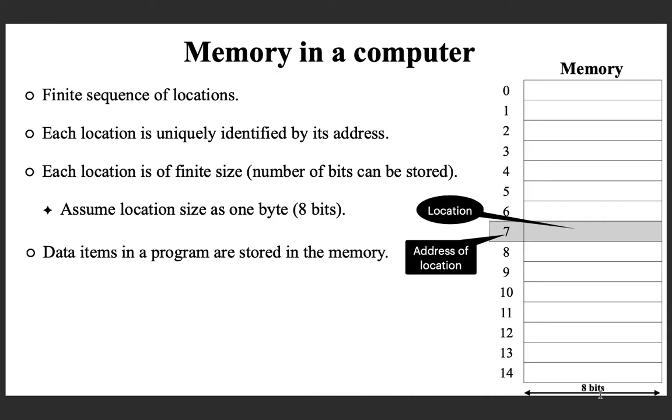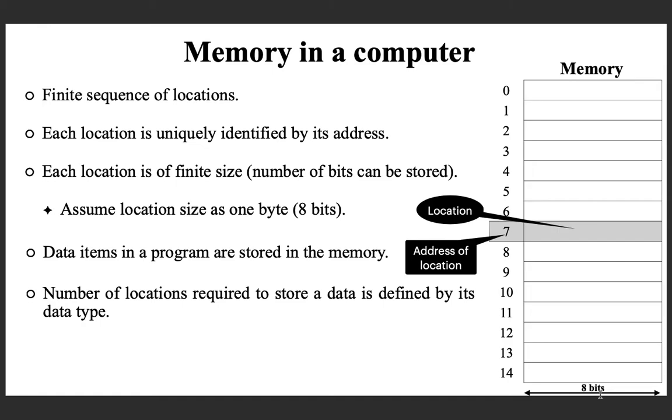And data items in a program are stored in the memory. When I say data item, I mean all data used in a program, and all those data items need to be stored in the computer memory.